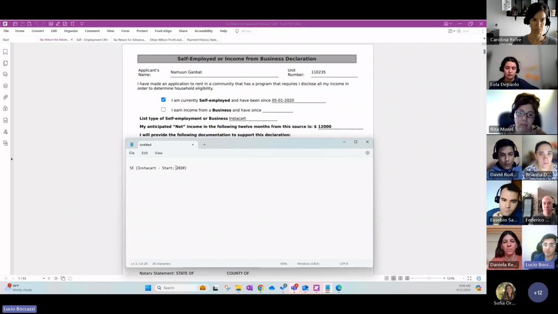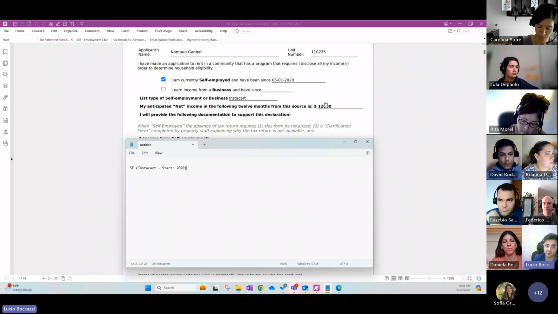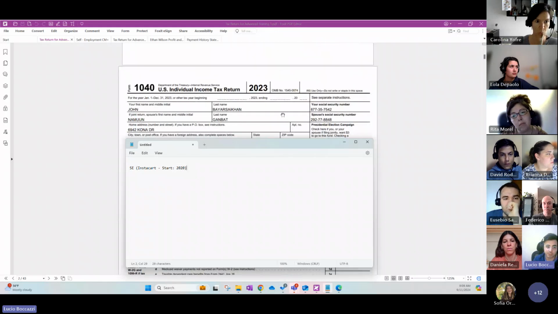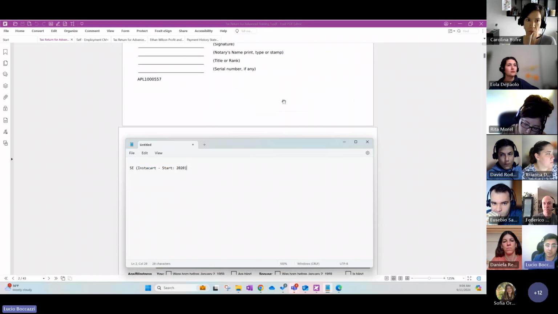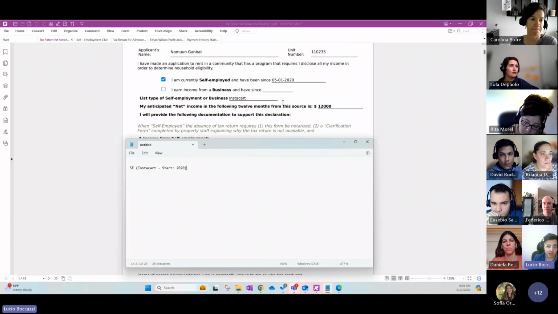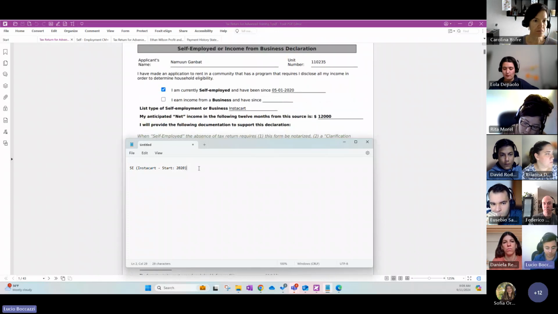In this case, since they started being self-employed prior to the year of the tax return, if we go a little bit down, we see that it is from 2023. So we wouldn't have to worry about annualizing anything. And I'll also write down the anticipated amount, just in case they are anticipating to make more than what is actually verified in the tax return.